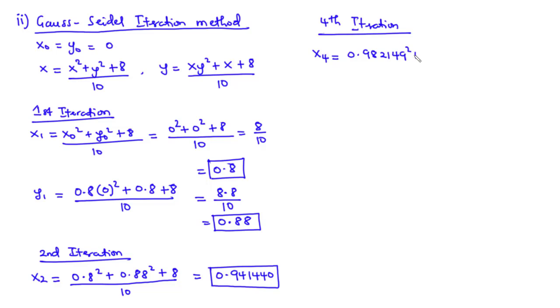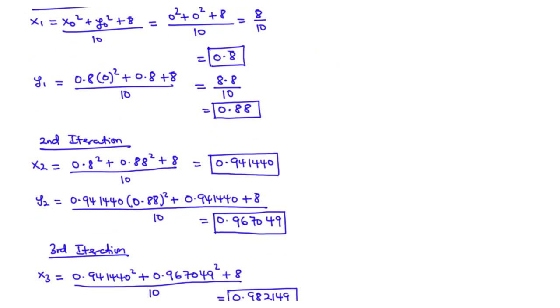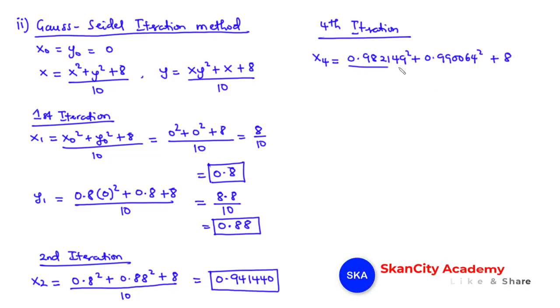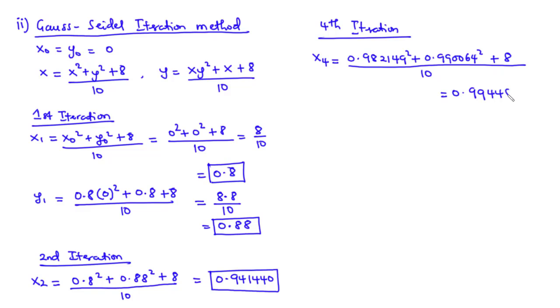We have the square of it, plus the most recent y value, 0.990064, also squared, and then plus 8, all divided by 10, and that is equal to 0.994484.